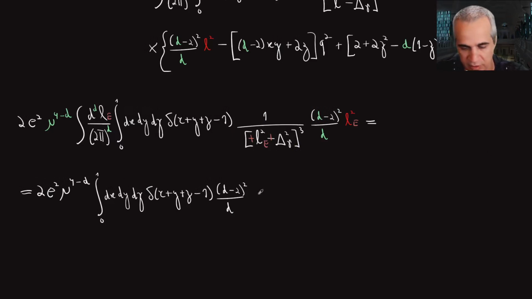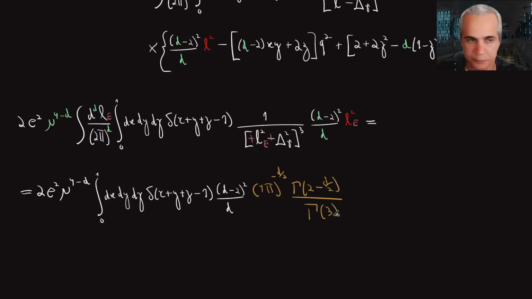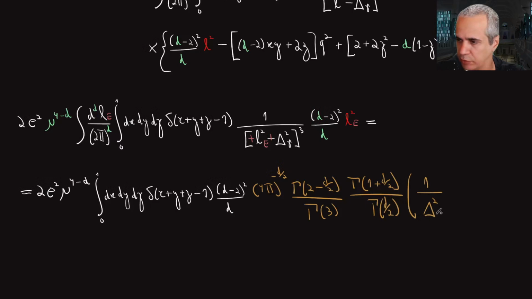I'll write it all in yellow here, 4 pi to the power minus d over 2, gamma of 2 minus d over 2 over gamma of 3, gamma of 1 plus d over 2, gamma of d over 2, and gamma square, delta square of gamma to the power 2 minus d over 2.